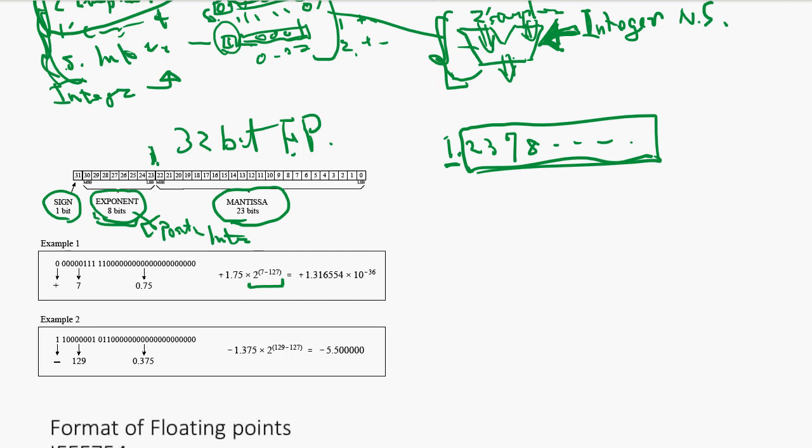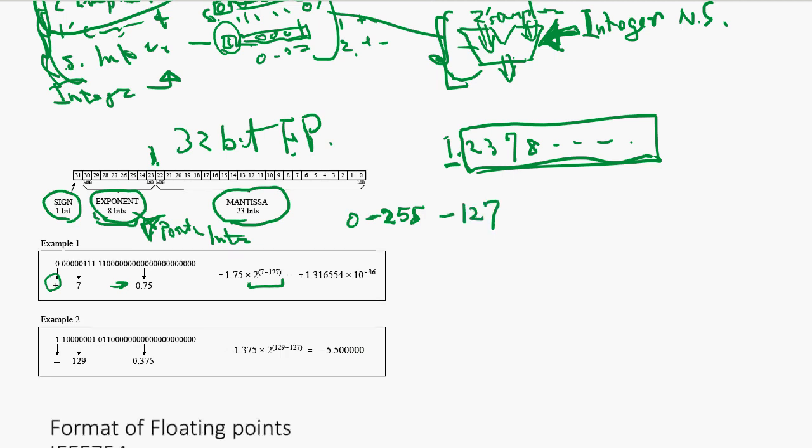This sign is for the mantissa, not for the exponent. The exponent itself is an integer, but its format is a positive integer, so it's from 0 to 255, and since we need negative numbers, we bias down by 127.